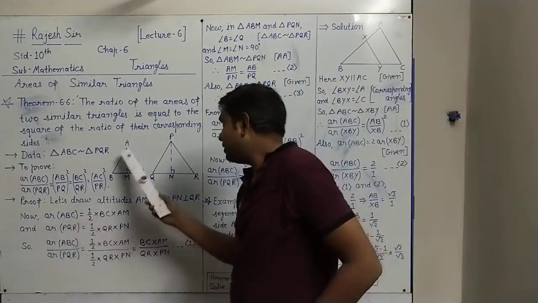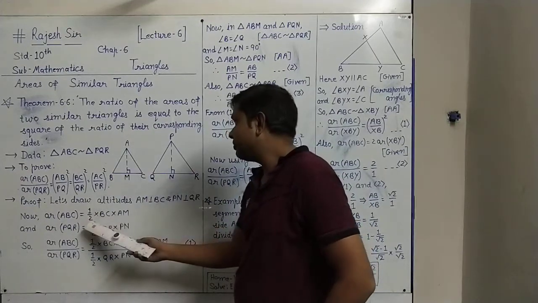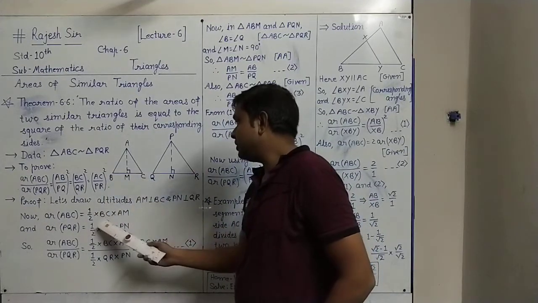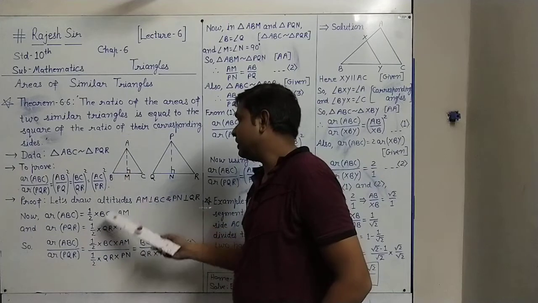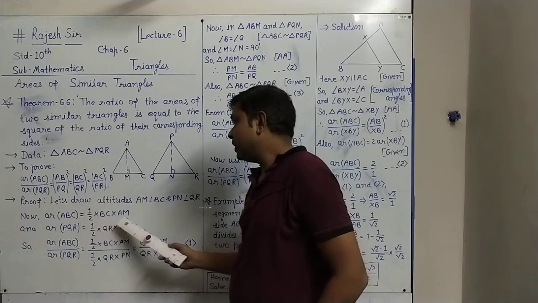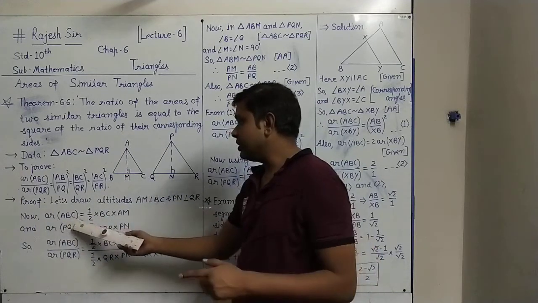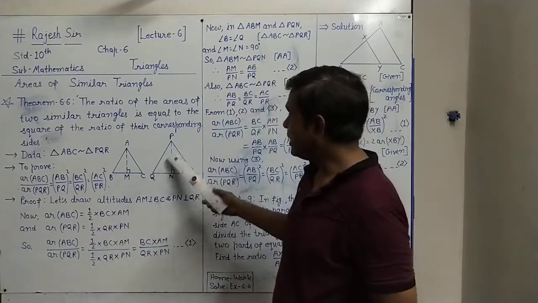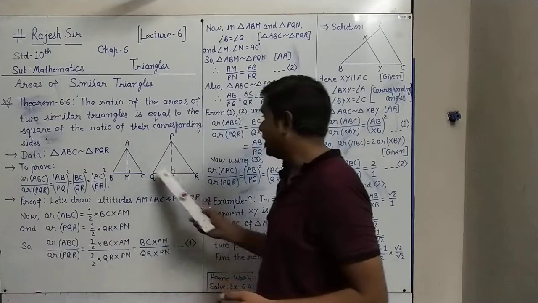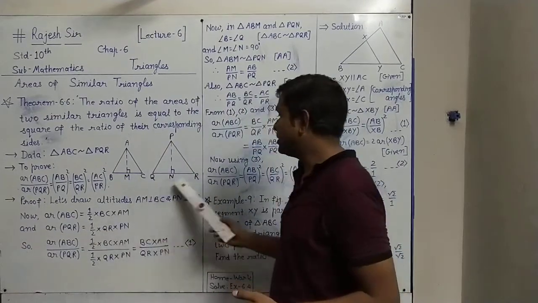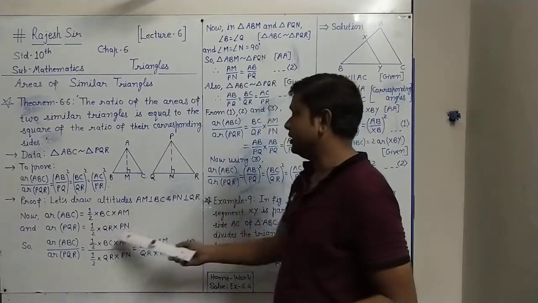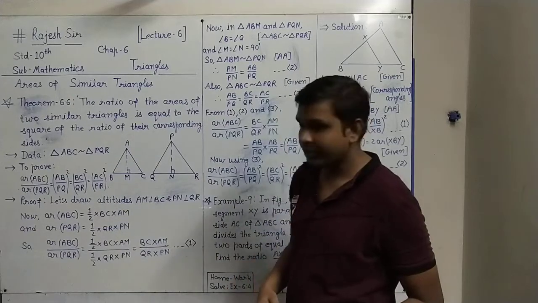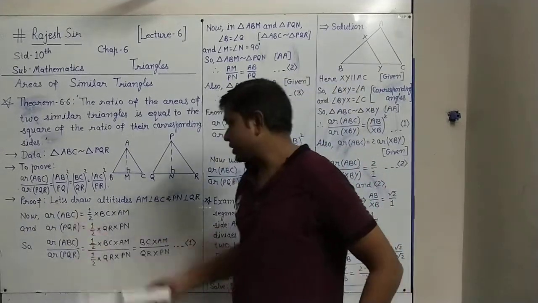Now area of triangle ABC equals half, the base is BC, into the altitude AM. So area of triangle ABC is half BC into AM. Similarly, the area of triangle PQR equals half, the base is QR, into the altitude PN. Now take the ratio of these two results.